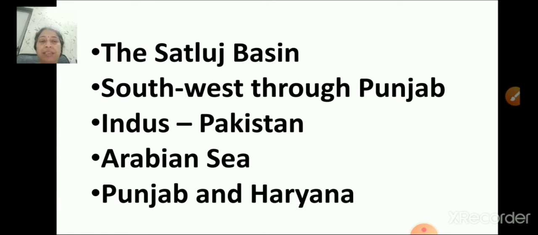The river Sutlej and its tributaries flow towards the southwest through Punjab. They join the Indus River in Pakistan, and the Indus finally flows into the Arabian Sea.